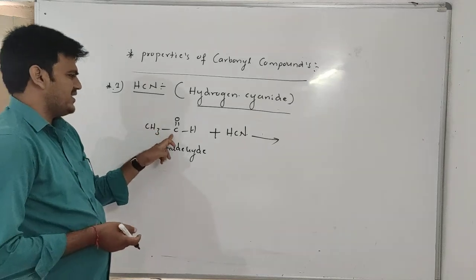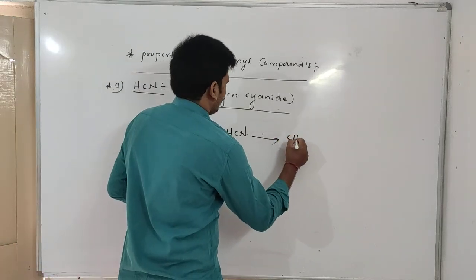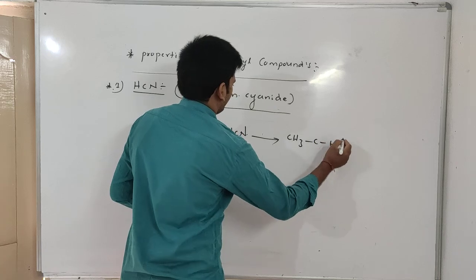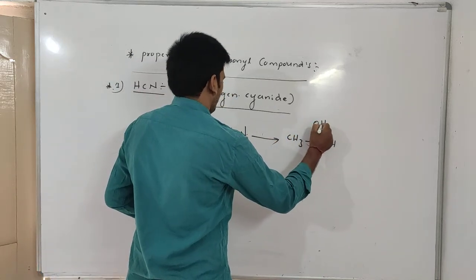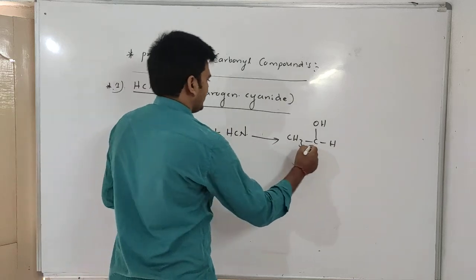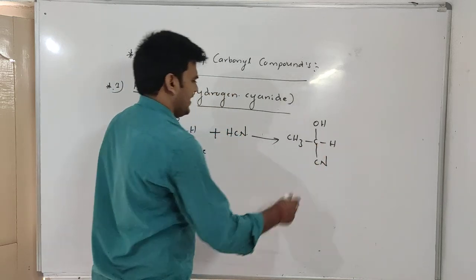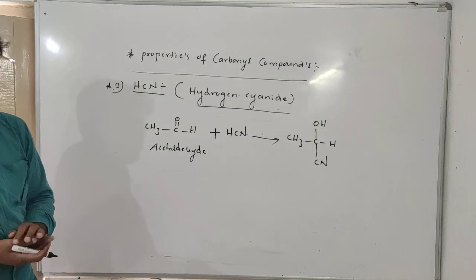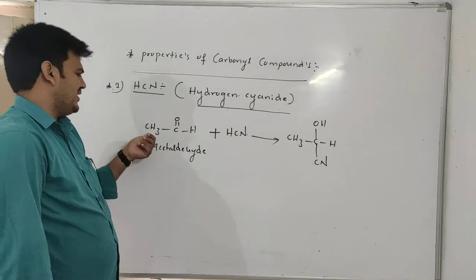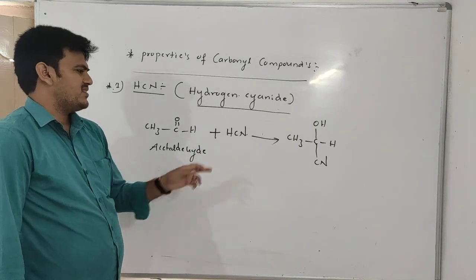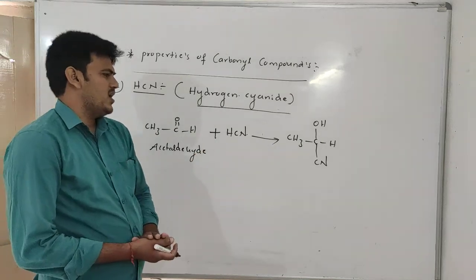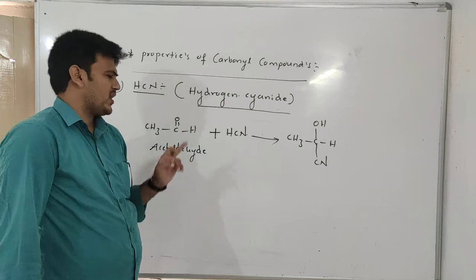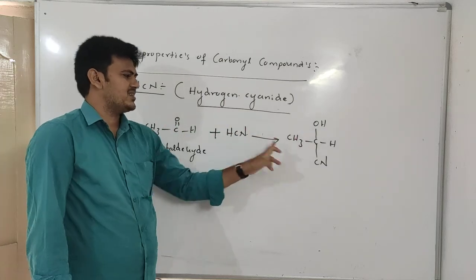For example, CH3, C bond H, next O minus, H plus ion OH, next CN. Addition reaction.